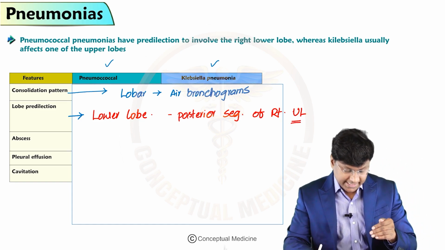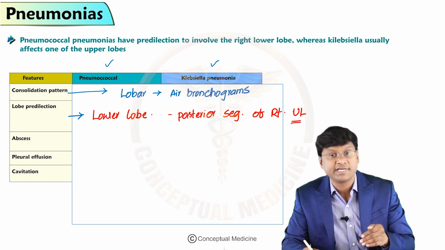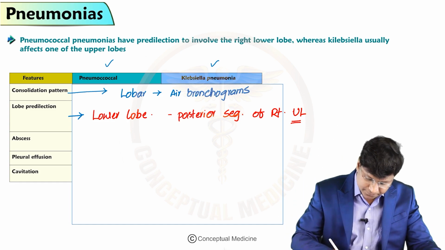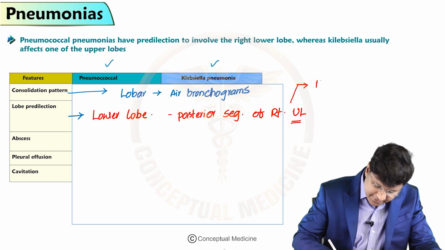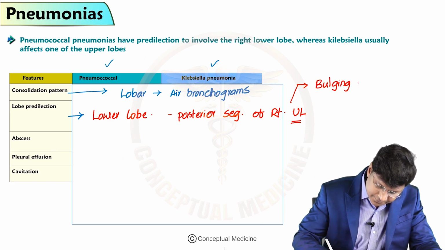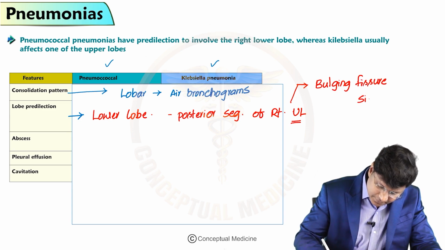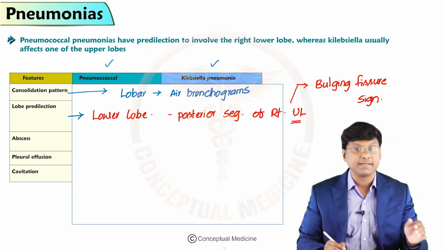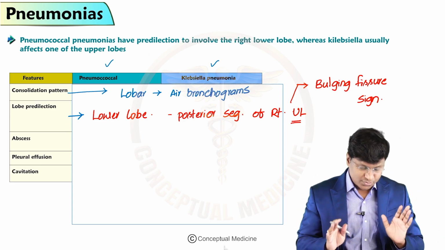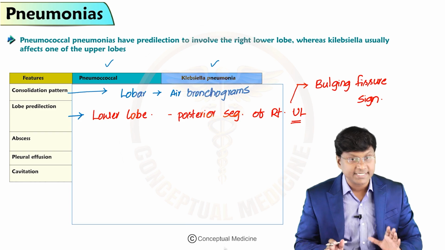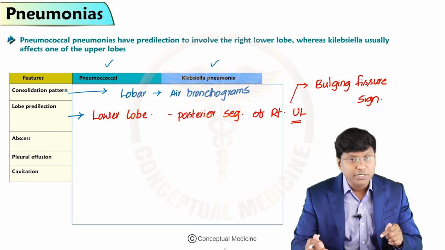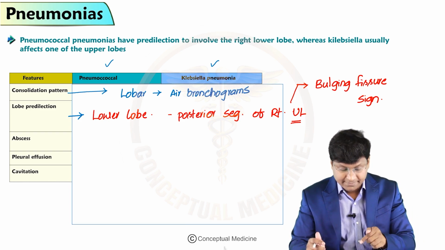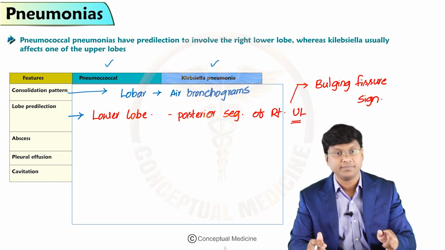So consolidation of the posterior segment of the right upper lobe is called the bulging fissure sign. That is the lobe predilection for Klebsiella. That is an important difference. Pneumococcal pneumonia, lower lobe involvement. Klebsiella pneumonia, right upper lobe involvement.